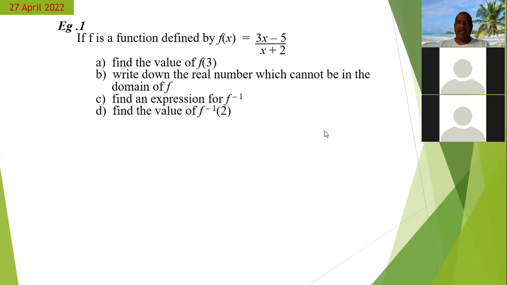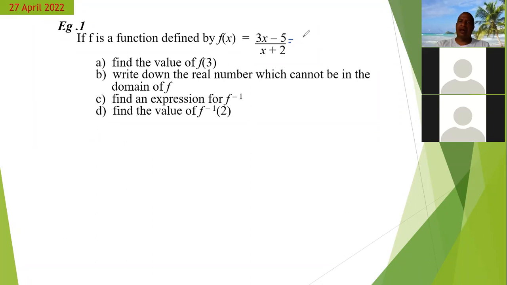Did anyone get a chance to try B, C, and D? All right, so part B is asking you. Mr. Lamar had done A for us yesterday.